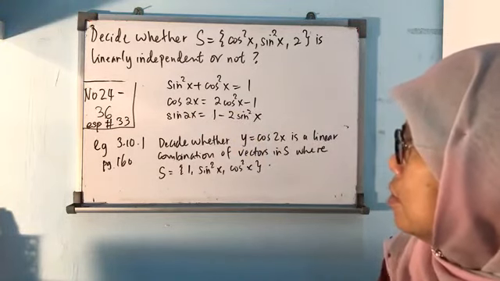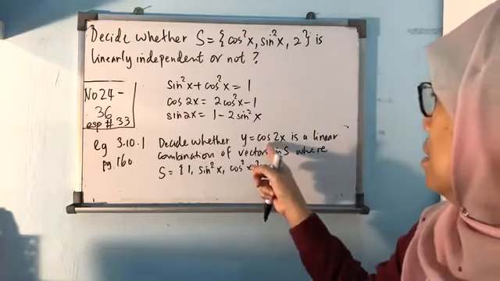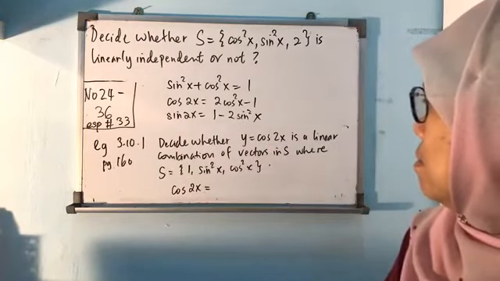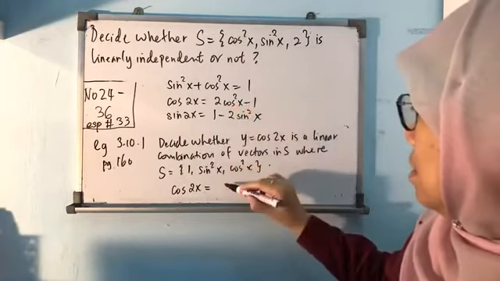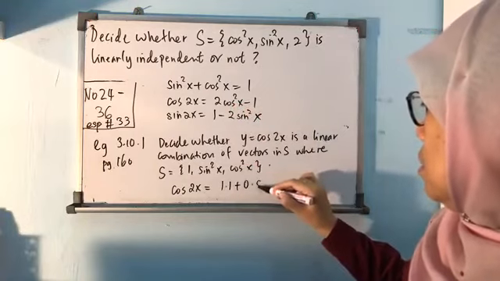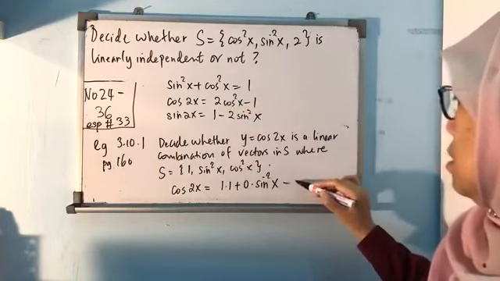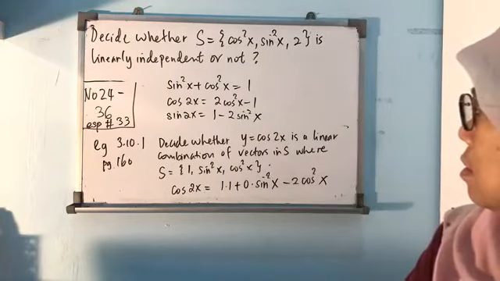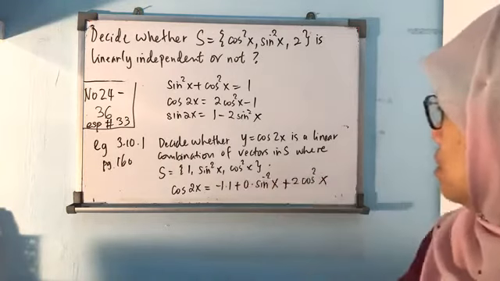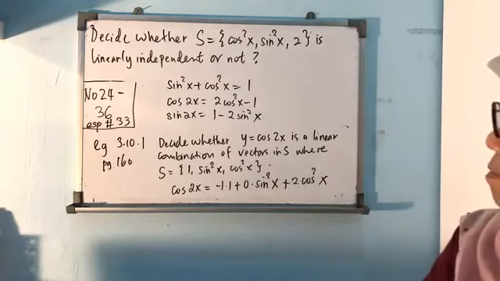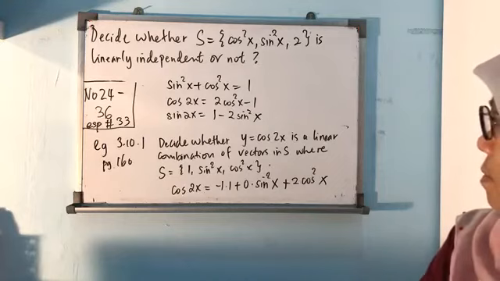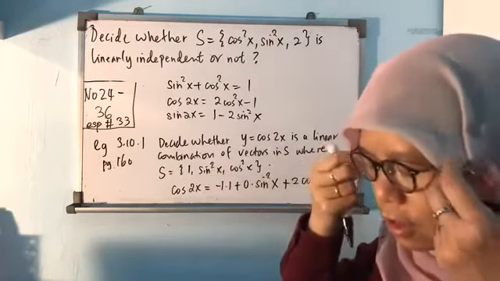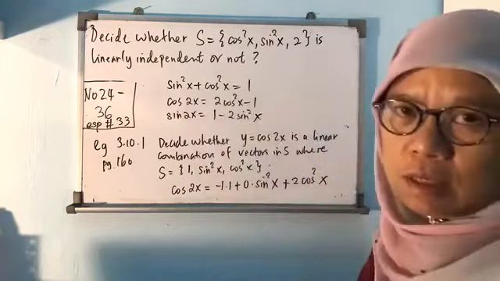So remembering this, cosine 2x is 1 times 1 plus 0 times sine squared x minus 2 cosine squared x. Oops, mistake, minus. So this is an example of a linear combination using trigonometric identities.